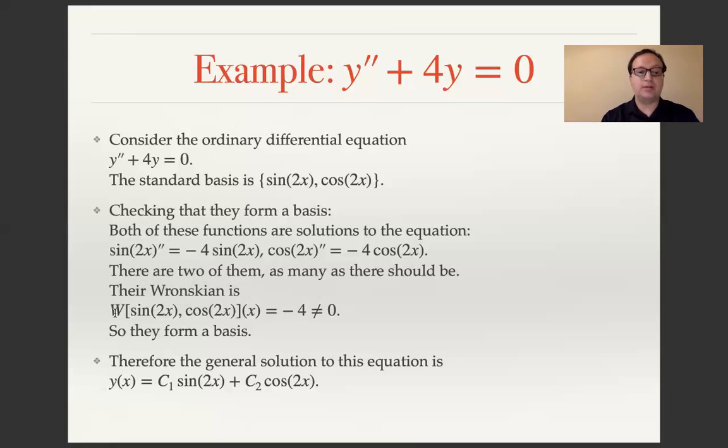In this case, the Wronskian of sine of 2x and cosine of 2x is minus 4, which is always non-zero. So they really form a basis. And I'll let you check by using a determinant that the Wronskian really is minus 4.